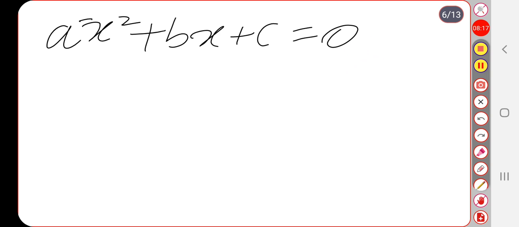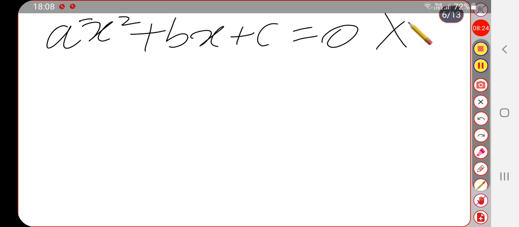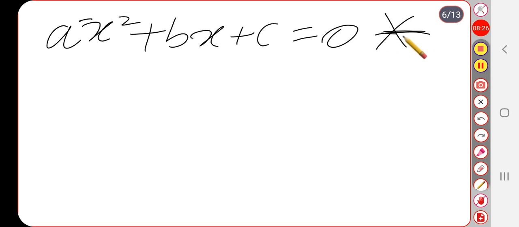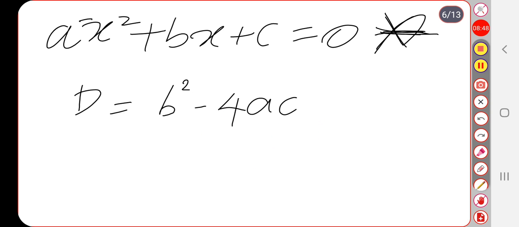I am stressing the standard form because it is quite important. The discriminant is represented by capital letter D, and D is equal to b square minus 4ac.